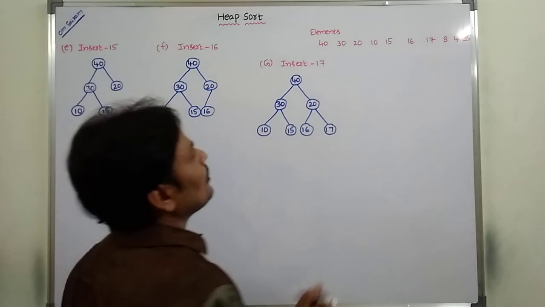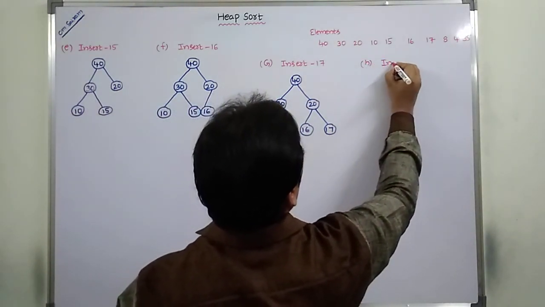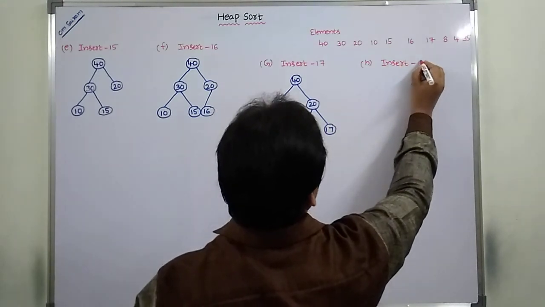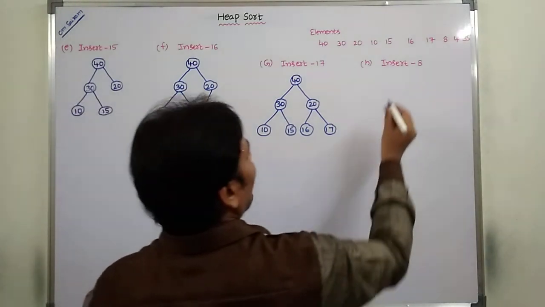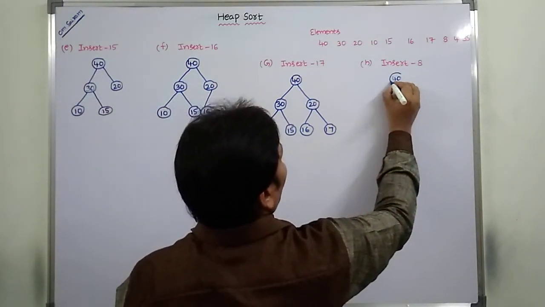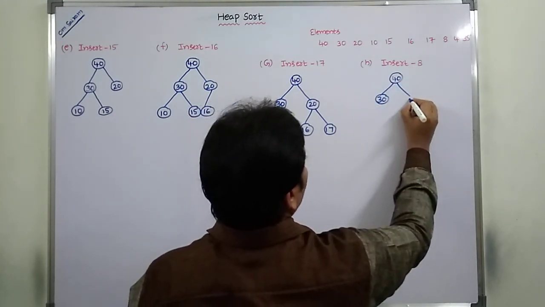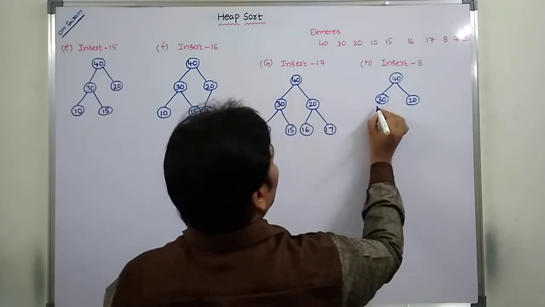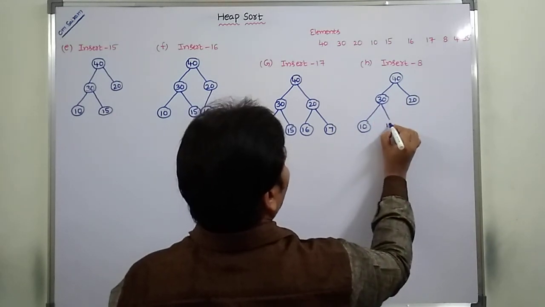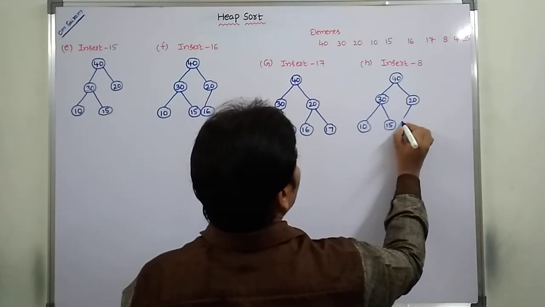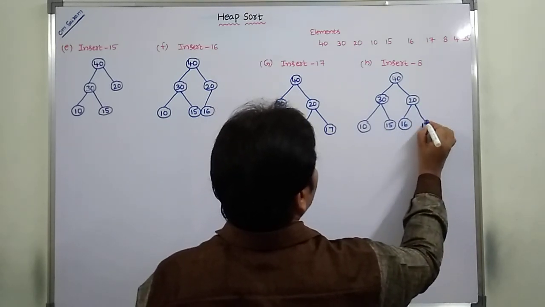Next, we have to insert element 8. Before inserting element 8, the existing heap is: 40 is the root node, 30 is its left child, and 20 is its right child, and 30 has the left child 10, and 30 has the right child 15, and 20 has the left child 16, and 20 has the right child 17.